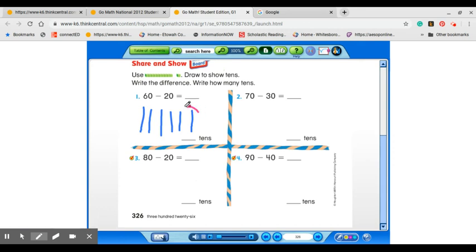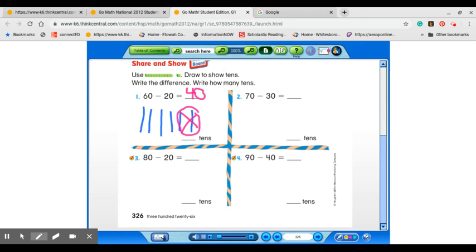So I will circle 20 of my tens and X those out because that is what we are giving away, taking away, breaking apart from our 60. So now we want to see how many tens we have left. So let's count 10, 20, 30, 40. So 60 minus 20 is 40. And now let's think. My 0 does not look great, but I know yours looks better.